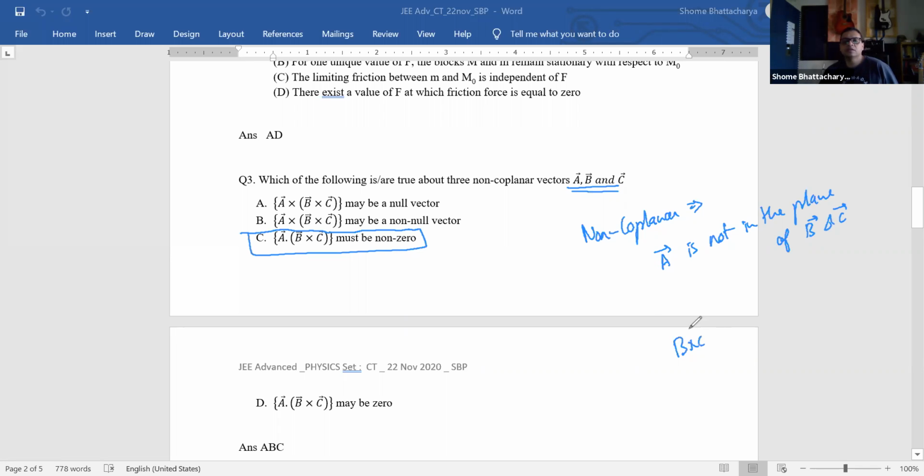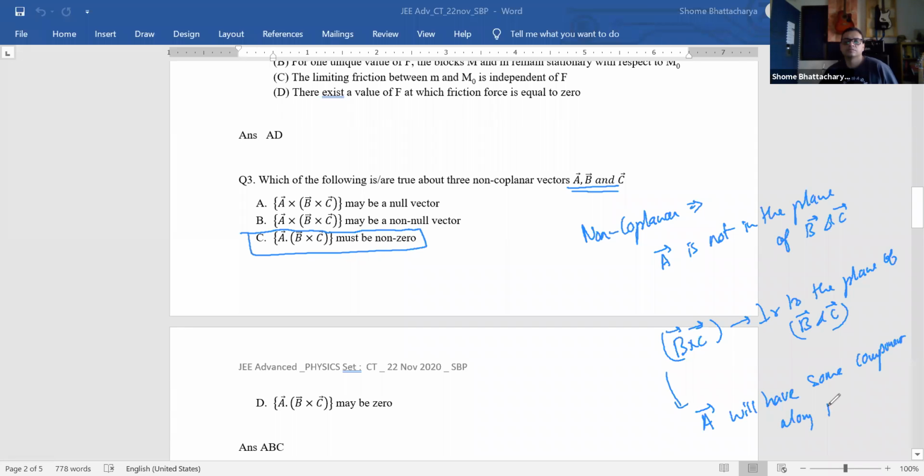So what is B cross C? B cross C is perpendicular to the plane of B and C. Okay. So what is A's relationship with it now? A will have some component along B cross C. Okay. So dot product cannot be 0. You understood? So that is why the option C is correct.